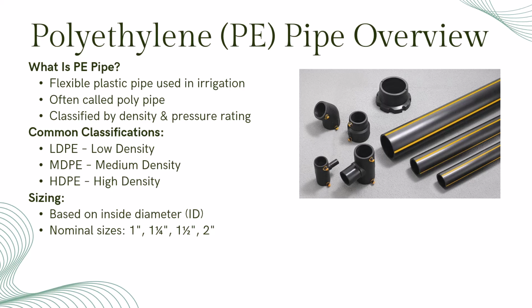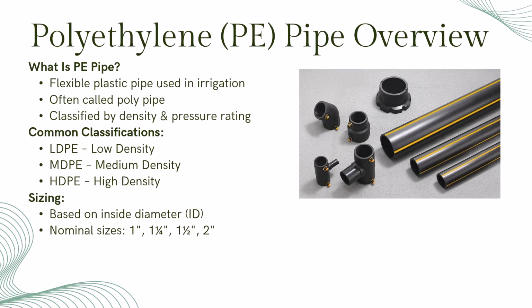Now let's switch over to polyethylene pipe, also known as poly pipe, or PE. This is another plastic pipe you'll see in irrigation, but unlike PVC, poly is flexible. That flexibility makes it great for certain applications, especially where movement or shifting soil are an issue. PE pipe is classified by density, low, medium, or high, and also by pressure rating.